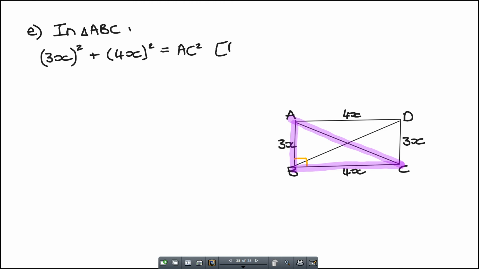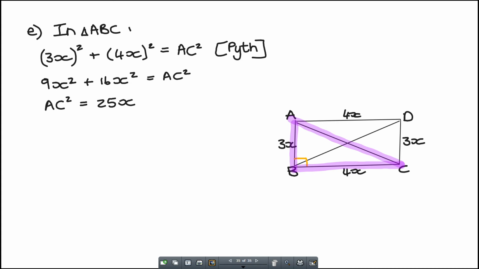En dit weet ek as gevolg van Pythagoras. Okay, nou dit geef my, oopsie, 9x kwadraat plus 16x kwadraat. Met ander woorde, AC squared will be 25x squared.